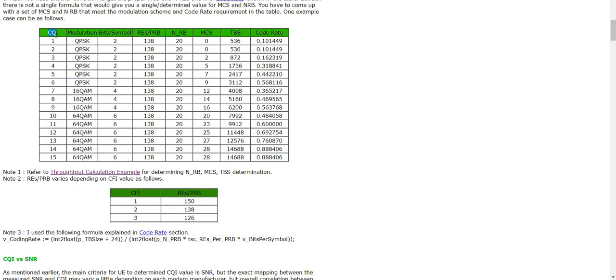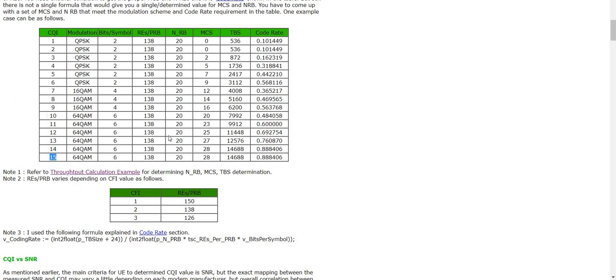Here CQI values are mentioned from 1 to 15, and these are the modulation techniques, and these are the code rates. Actually this table, CQI and MCS mapping, is a vendor specific table. It's not written in spec anywhere. So every vendor, Samsung will have its own table, and other vendors, Ericsson, Nokia, will have their own table.